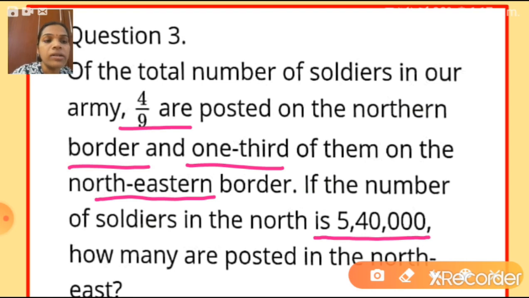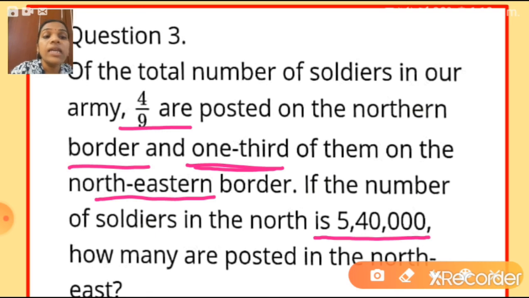So see here, children, once again I'll repeat the question. Of the total number of soldiers in our army, 4 upon 9 are posted on the northern border, and 1/3 of them on the northeastern border. Northeastern 1/3 means 1 upon 3.